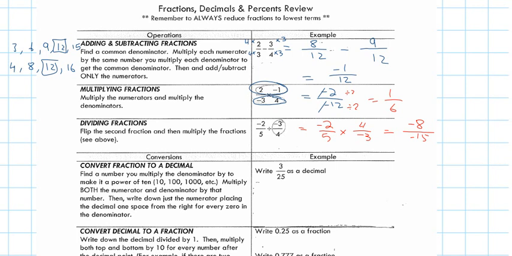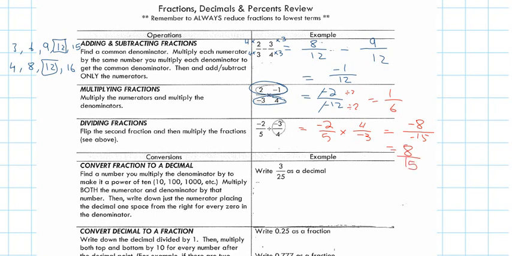Only the negative goes away. 8 is only divisible by 2, 4, and 8. 15 is only divisible by 3 and 5, right? So there's no common factor, okay? In this case, the only thing that goes away is your negative, and that becomes 8 over 15, and that's going to be your final answer.